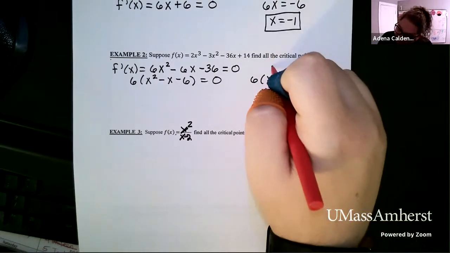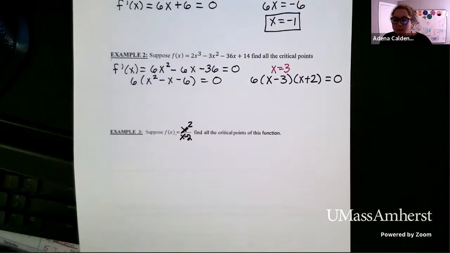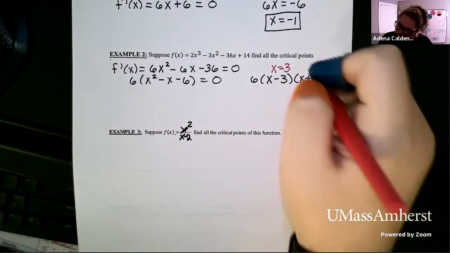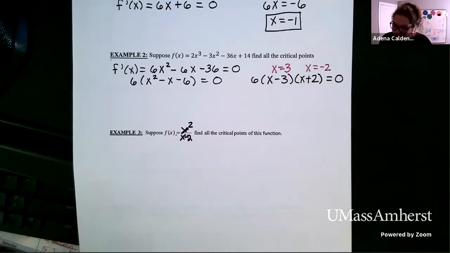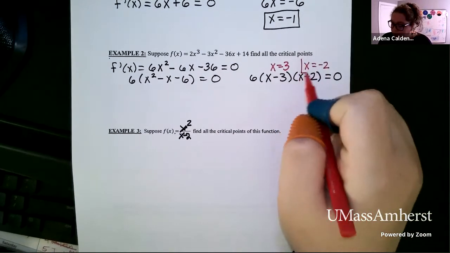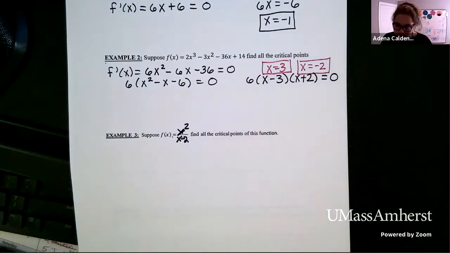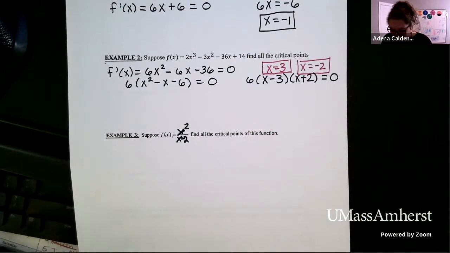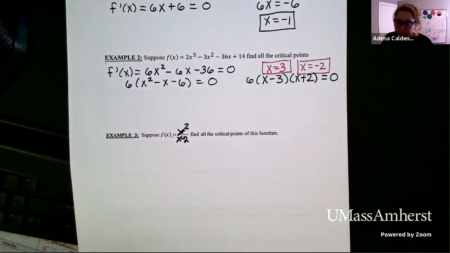So for my first factor, I get x equals 3, we'll make that 0. And from my second factor, I get x equals -2, we'll make that 0. Right? So if I set 6 equal to 0, there's no solution. So I have 2 critical points here, one at x equals 3 and one at x equals -2.